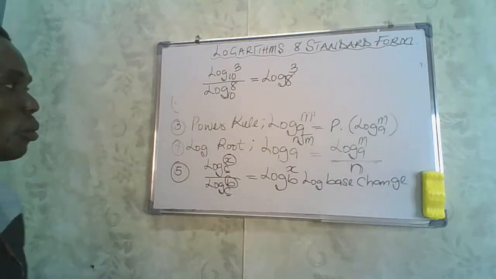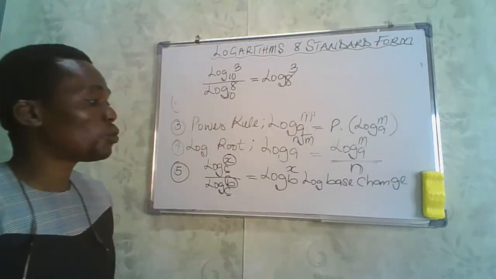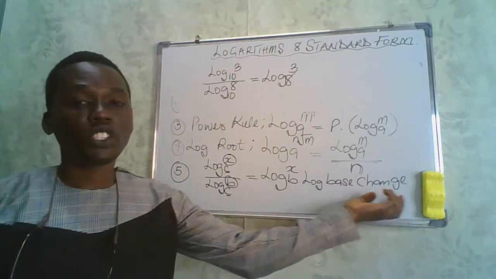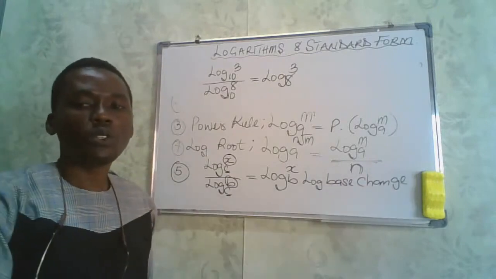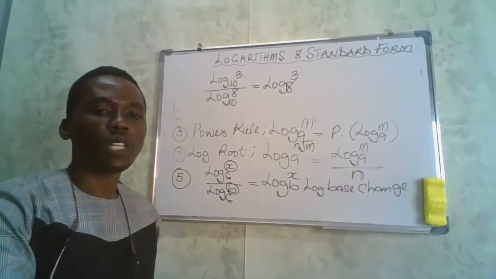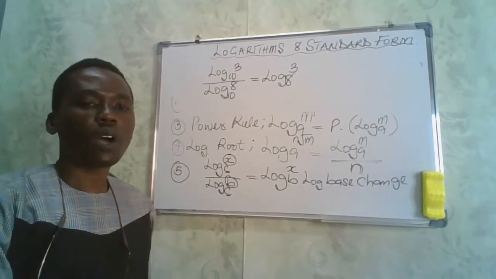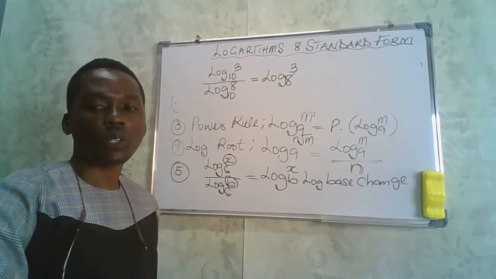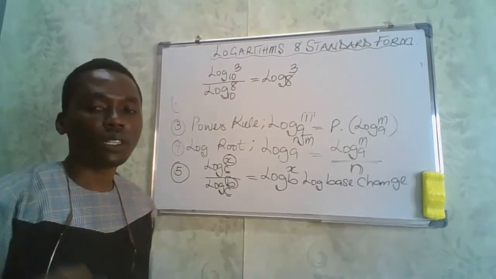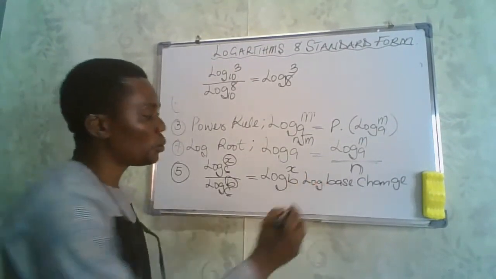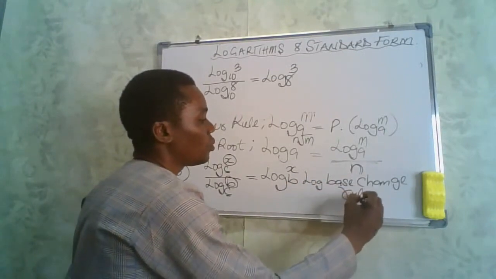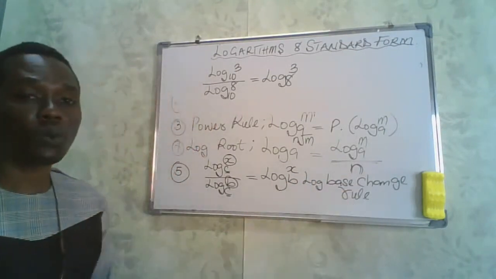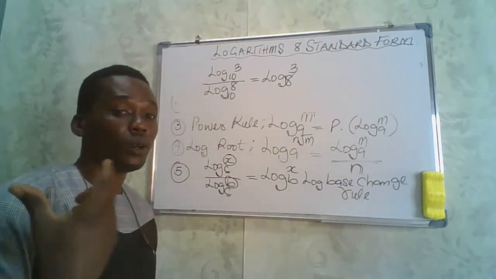That is what that log simply tells us. And that is what we call the log base change. So that means we can change the base of that logarithm in order to have the solution to that question. So we call it the logarithm base change rule. Now take note of that rule. It's very important when we solve questions on logarithm.